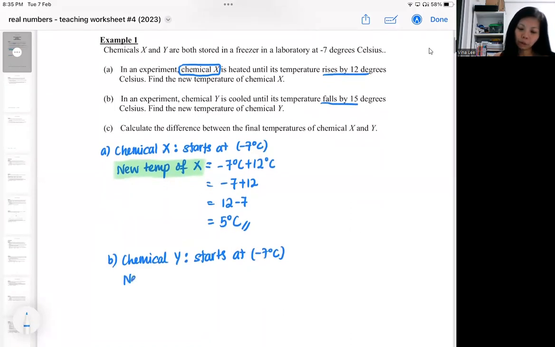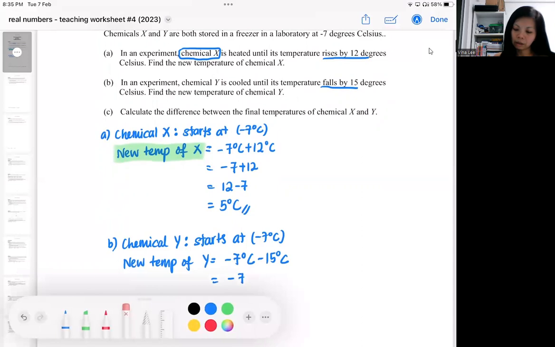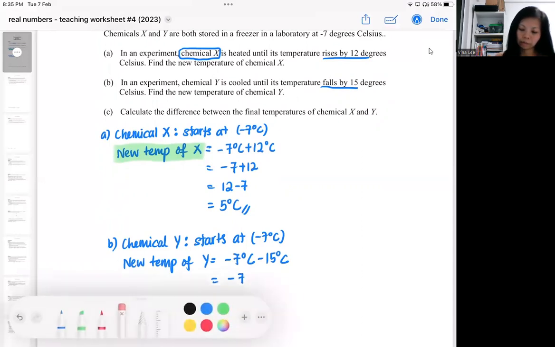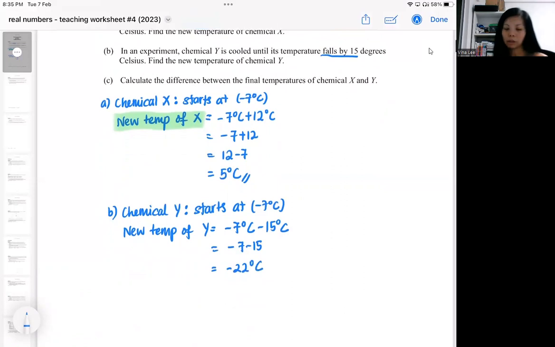So now my new temperature will be -7, and you continue to -15. Continue to drop it even further. So in a way, this one will look like -7, -15. Here you become even more negative. So that is the new temperature.